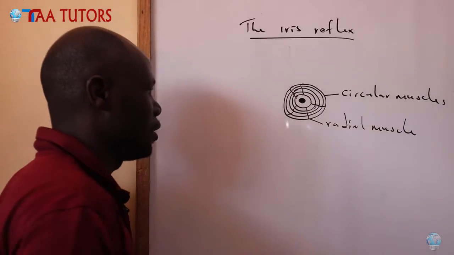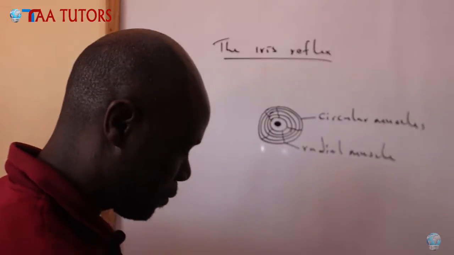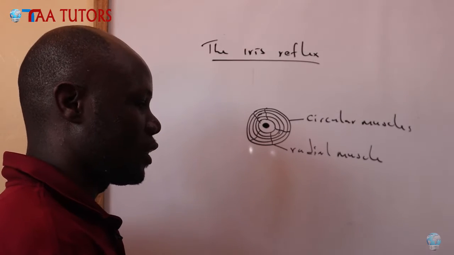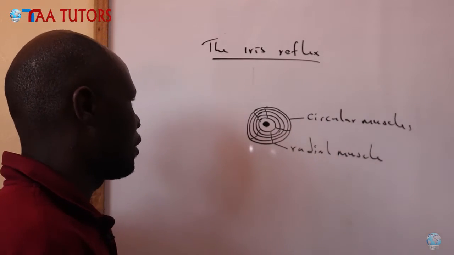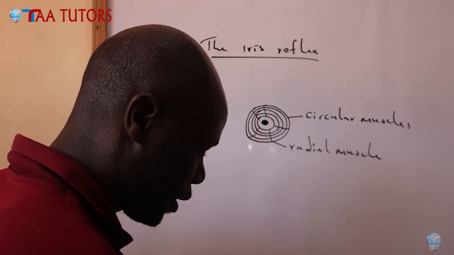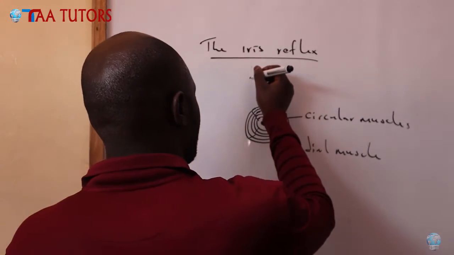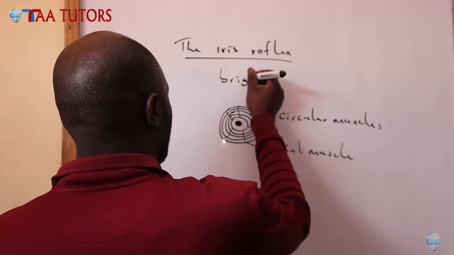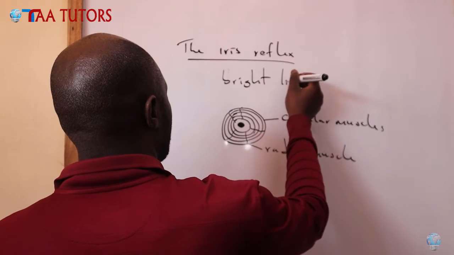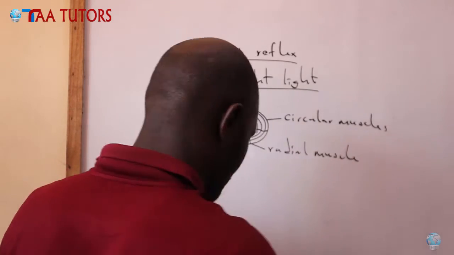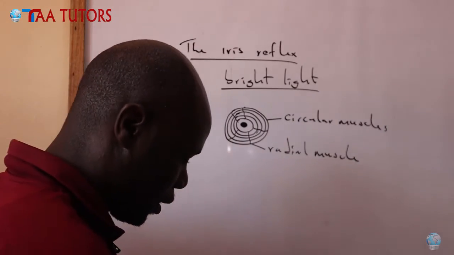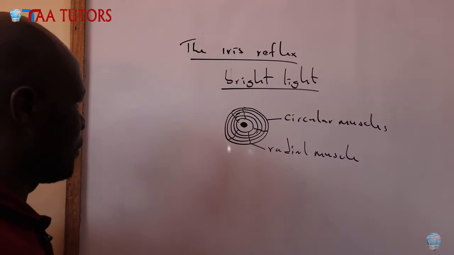Sometimes we have various light intensities and we can shift positions. For example, let me assume that I am in bright light. Let us understand this situation here. We want to see how these particular things will behave when we are in bright light.